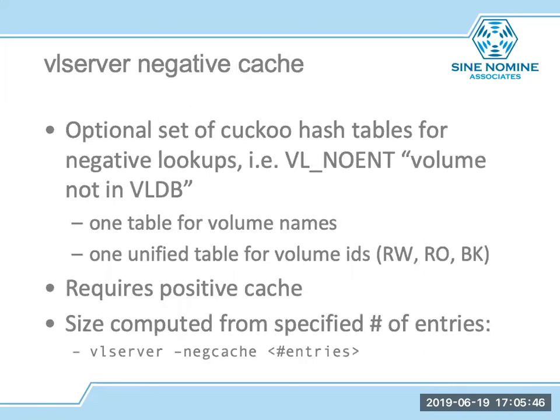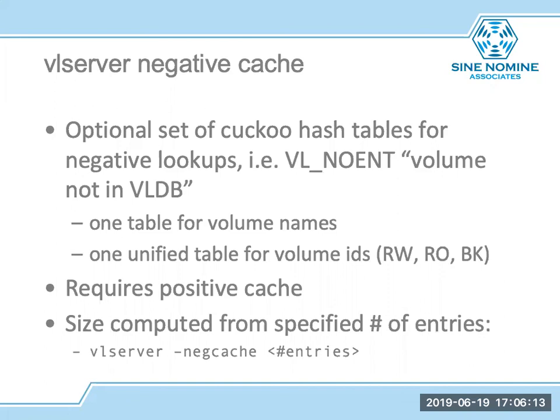As has already been noted, everything we've discussed so far does not address the worst case of this particular site, where people are looking up negative volumes that aren't in the VLDB, both for normal administrative work and also for misconfigured mount points, or for people who are impatient for their applications to appear.